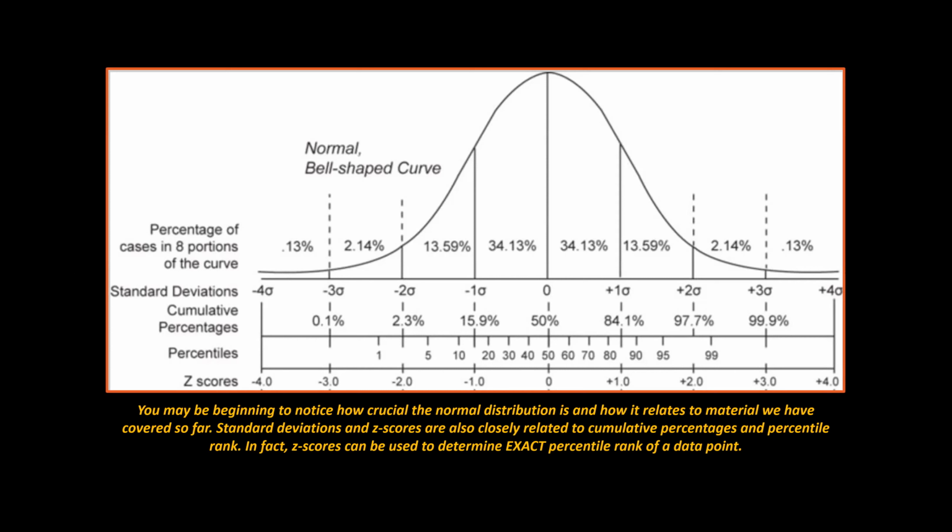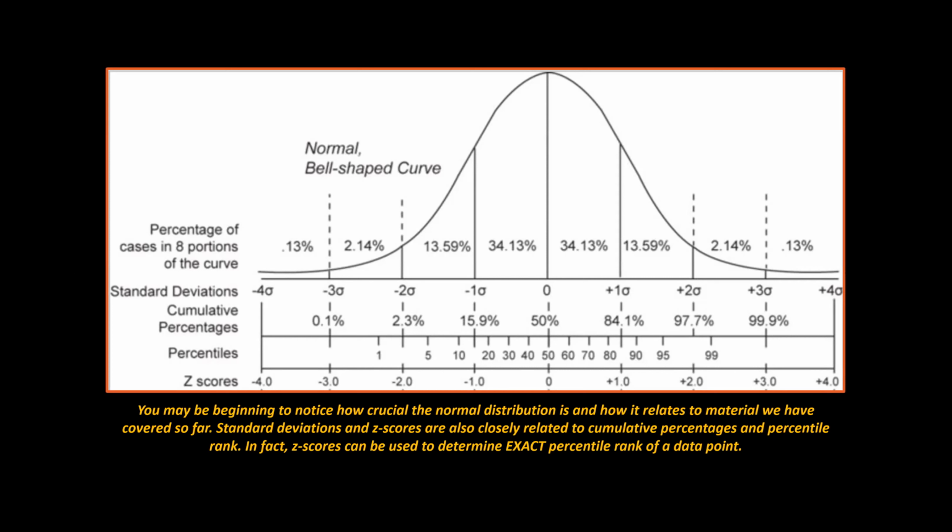So the exact middle where we would draw the line down it to split it symmetrically in half is 50%. And what that means is that 50% of individuals in this distribution have the score that sits in the mean or below. And we learned in the last module that the mean, median, and mode are exactly equal for a normal distribution. So the mean and the median and the mode are the exact same number.